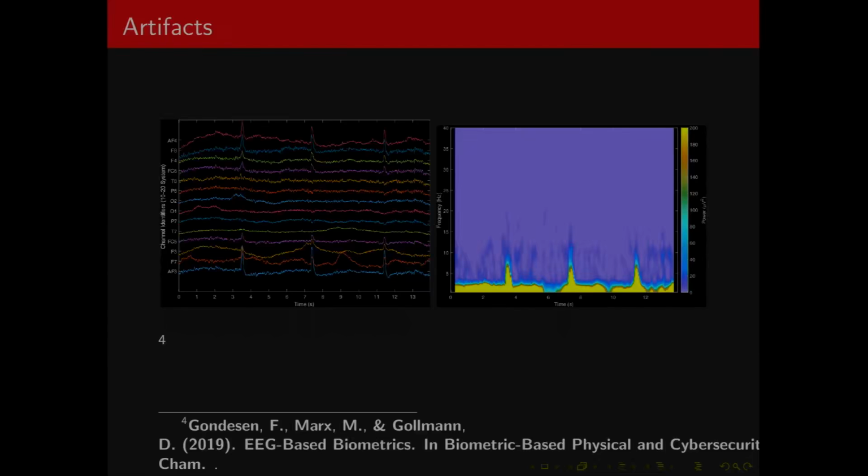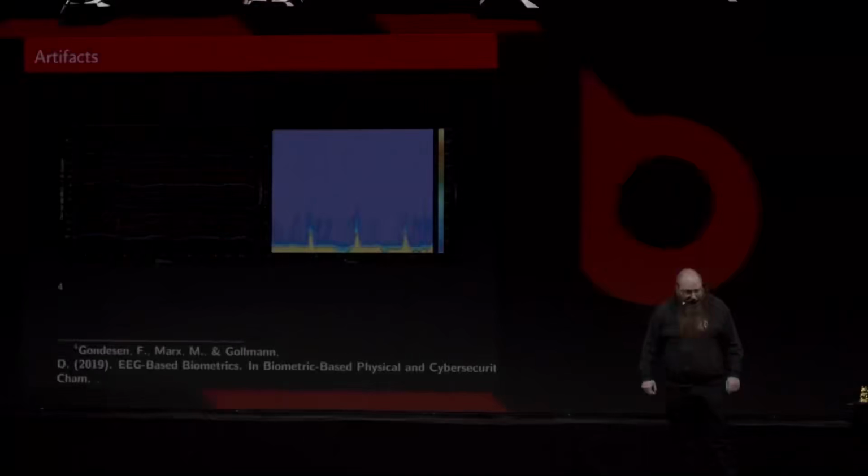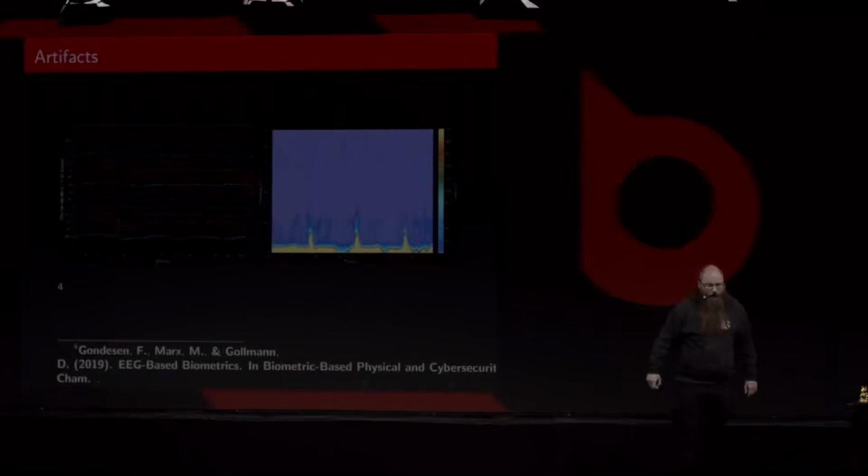Also a problem can be having, for example, the 50 hertz power grid can also be an artifact in the signal. Therefore, we typically have filters at that frequency.